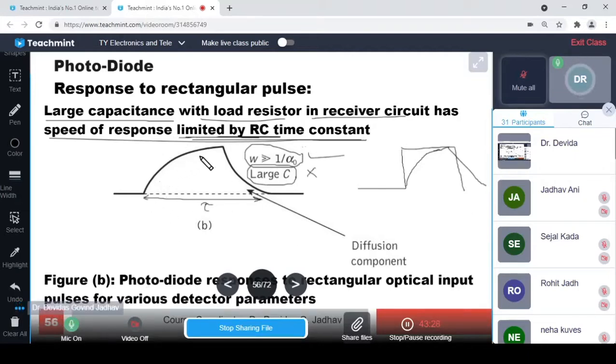The pulse duration will increase, and it also modifies the shape of the pulse. The pulse will not remain rectangular. And if there is diffusion, there is a diffusion component also, a diffusion tail. So this is the diffusion tail.